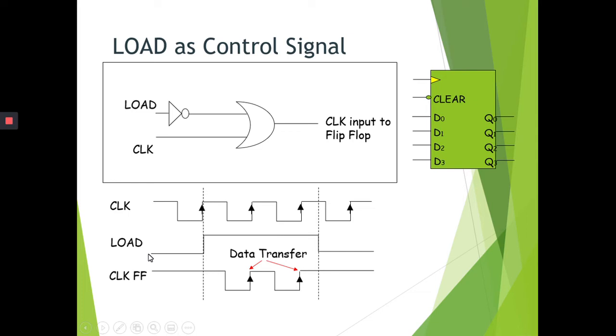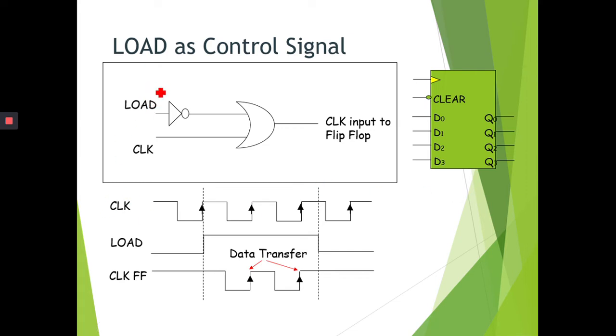Whenever the load is 0, the output from the XOR here is going to be always 1. Why? Because let's turn on my pen here.